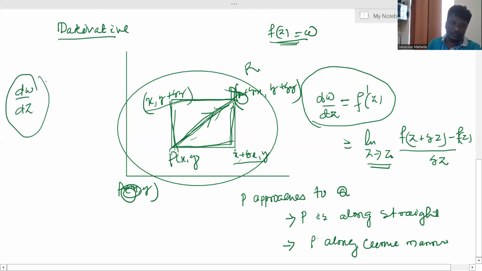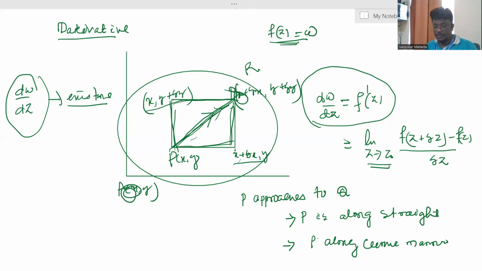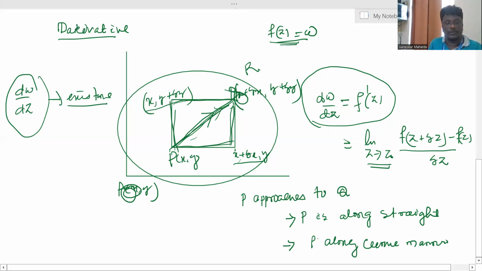We need to show the existence criteria, which is the necessary and sufficient condition for the derivative of the function omega in the complex plane.